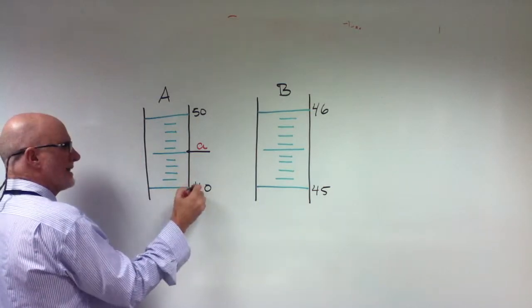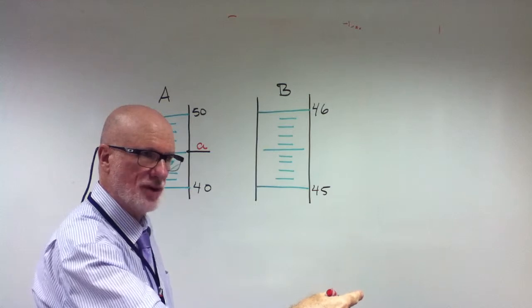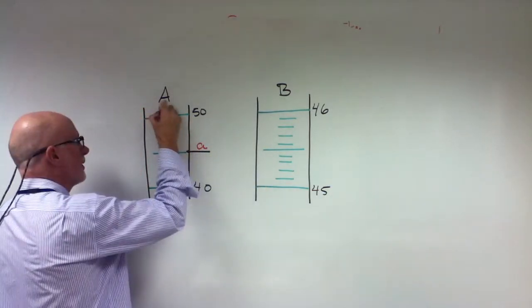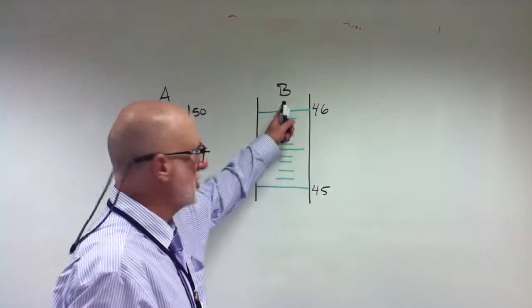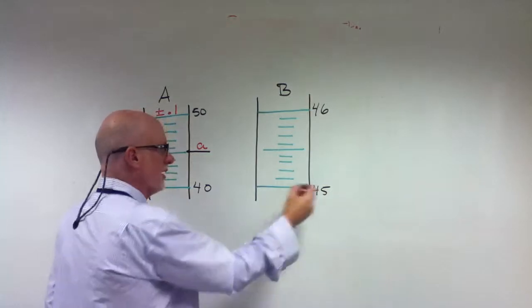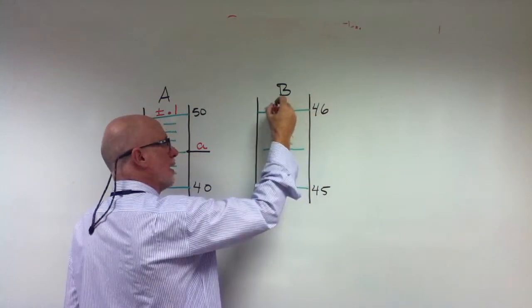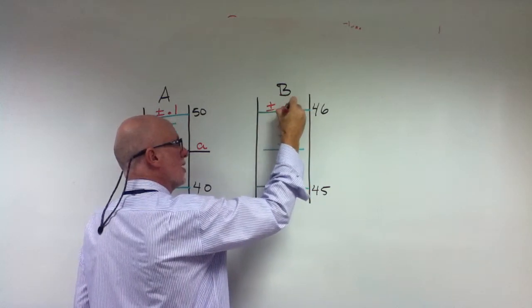We see that this is tens place. Two less than tens is going to be ones, tenths. So this is going to be plus or minus 0.1. And then the precision of that instrument is going to be, this is ones, 45, 46, that's ones, tenths, hundredths, so it'll be plus or minus 0.01.